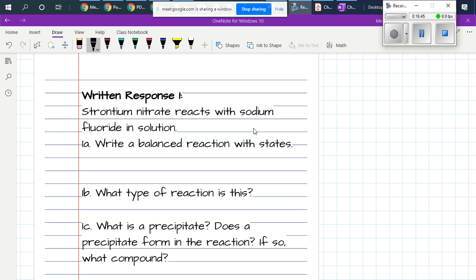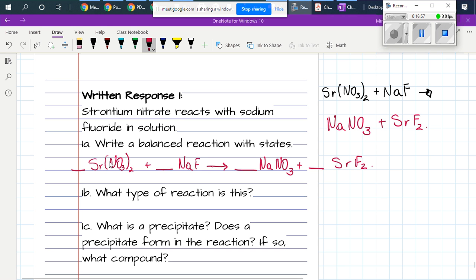Now go ahead and write the chemical reaction and balance it, and tell me on the chat what it is. This is the chemical reaction. What is the coefficient near the strontium nitrate? It is 1. Okay, I see that there. And what is the coefficient near sodium fluoride?